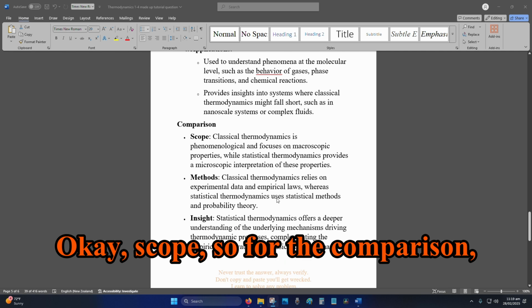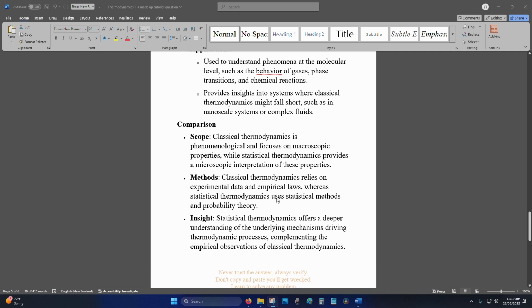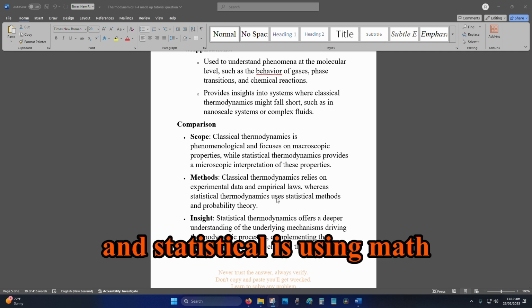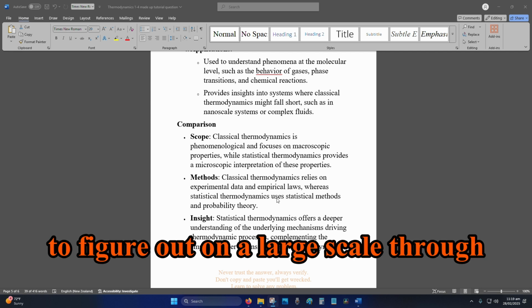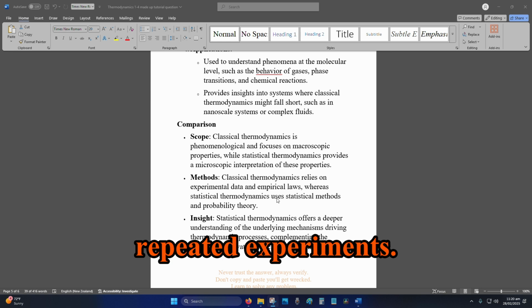Scope: for the comparison, classical is what you see, and statistical is using math to figure things out on a large scale through repeated experiments.